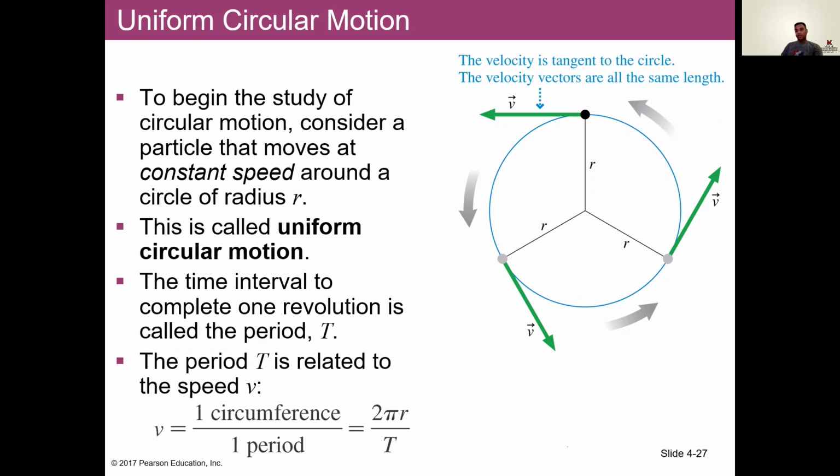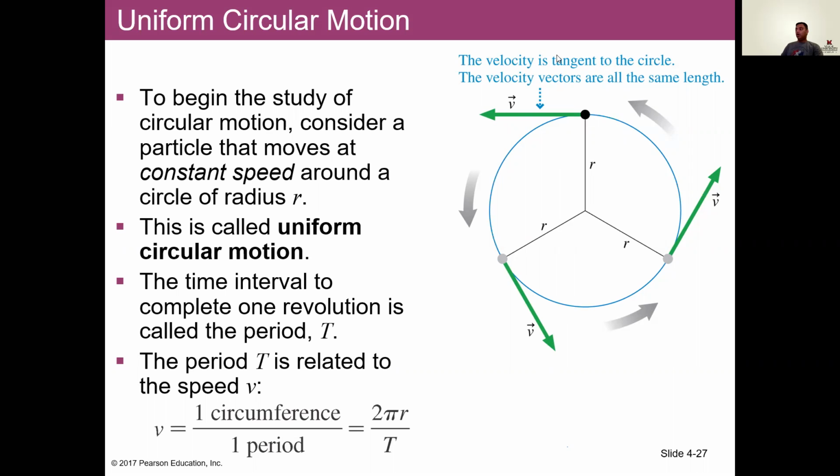In one case, you have magnitudes changing. In the second case, you have the direction changing, keeping the magnitude constant. In this case, the magnitude stays the same. However, the direction of the velocity is changing at each and every point, basically giving you an acceleration.